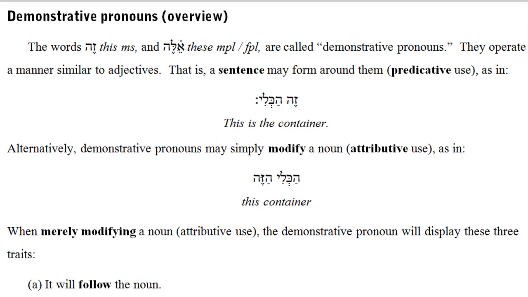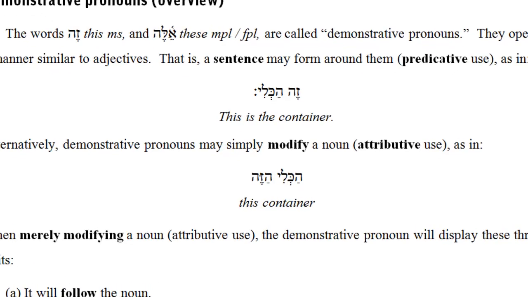Another capability of adjectives in connection with nouns was to make what we called a simple description, an attributive use of the adjective. So, for example, if we were to say hakali hatov, we wind up with a simple descriptive phrase, not an entire sentence. Hakali hatov would mean the good container. No verb at all, either in English or in Hebrew.